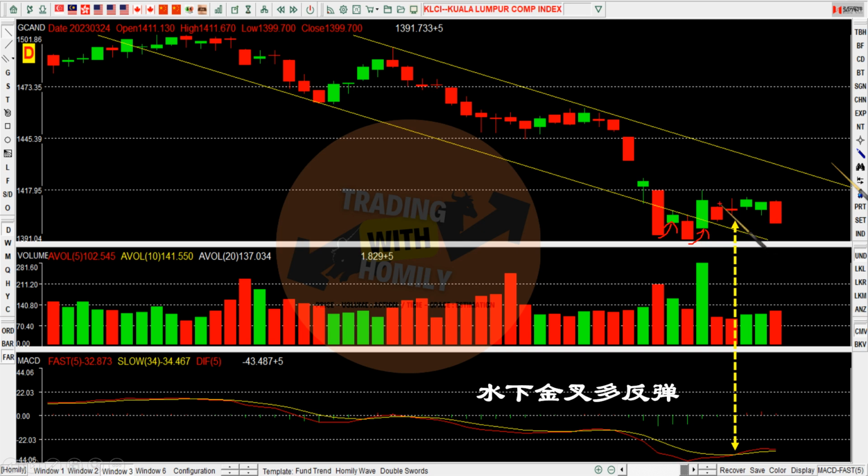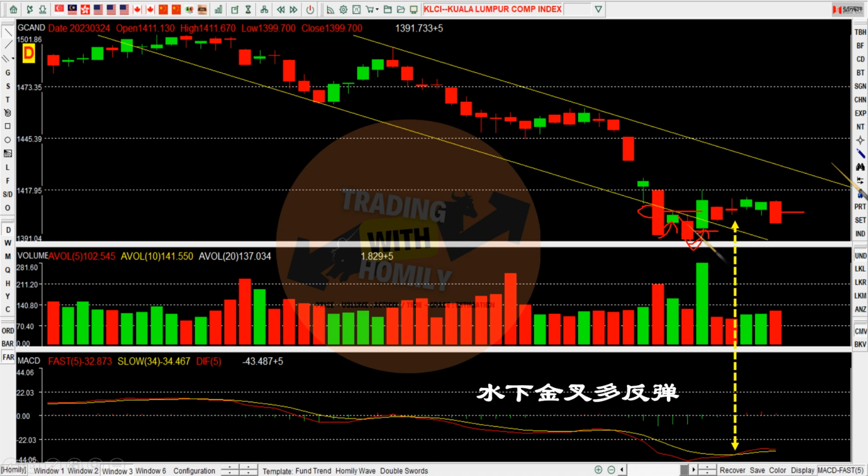The difference is we can use the middle of the bearish candlestick as the support and resistance level. So once the rebound closes lower than the middle of the bearish candlestick, that means it's weak.